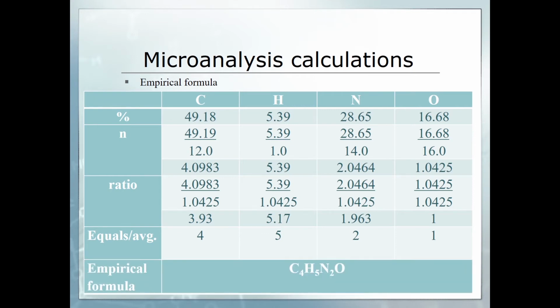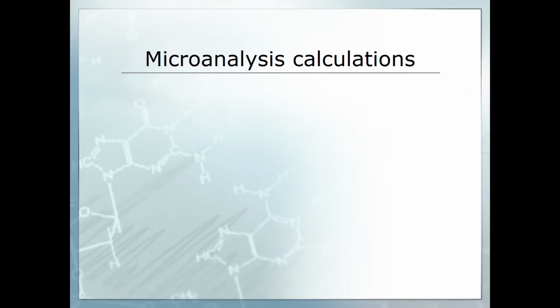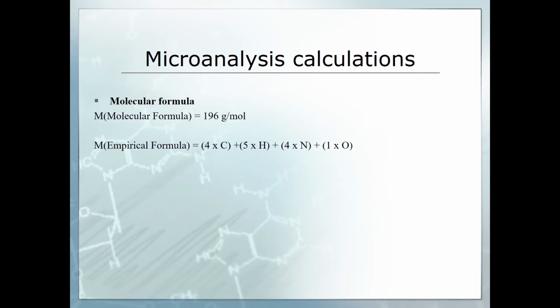The empirical formula for our unknown compound is C4H5N4O. From here, we can now calculate the molecular formula. The first thing we need to do is to compare our empirical formula's molar mass to the molecular formula's.